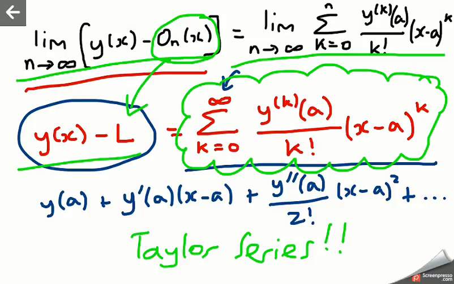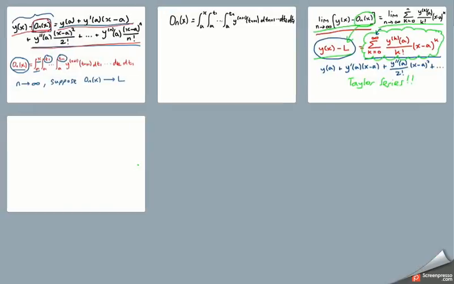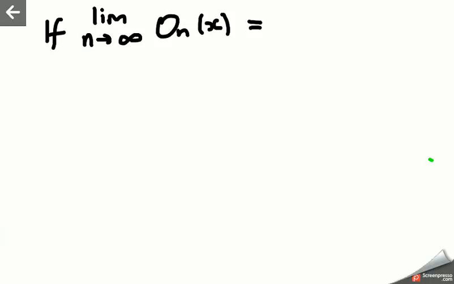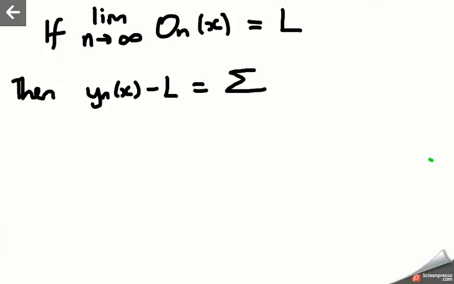Okay, so let me write it out again one more time, just to really make the point in case it wasn't made already. If the limit as n tends to infinity of ON of x is equal to L, then the function has a Taylor series, and the Taylor series is equal to y of x minus L, which is the series k equals 0 to infinity.